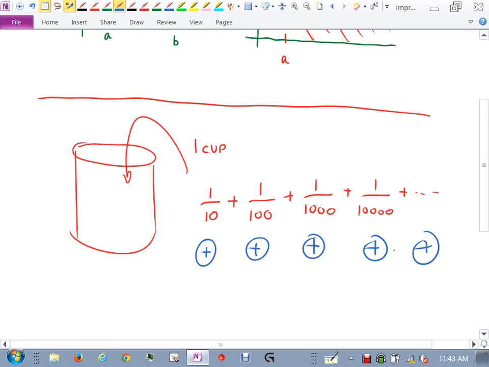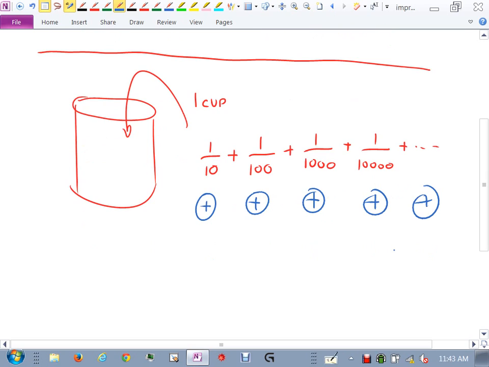Okay, so it's a very simple answer to this, all right? Just take this right here real quick. 1/10 as a decimal is 0.1, then 0.01, right? That's 1/100th. This is 0.001, that's 1/1000th. This is 0.0001, that's 1/10,000th. And if you add all those together, you get 0.111 forever, which is exactly 1/9.